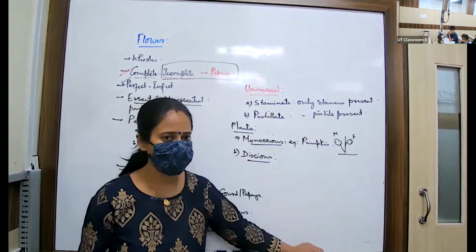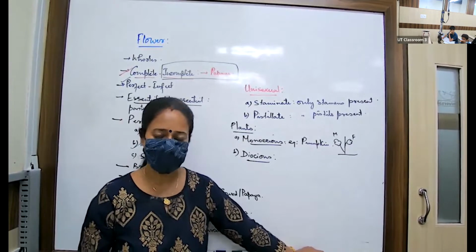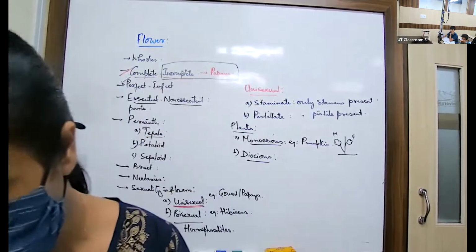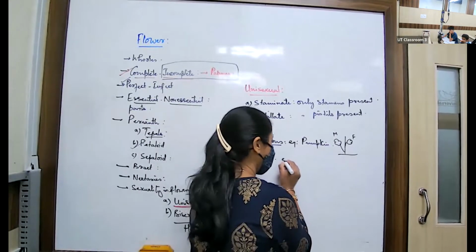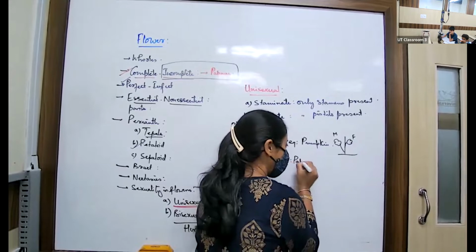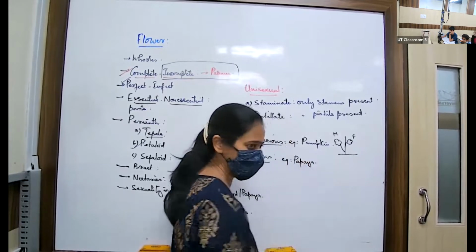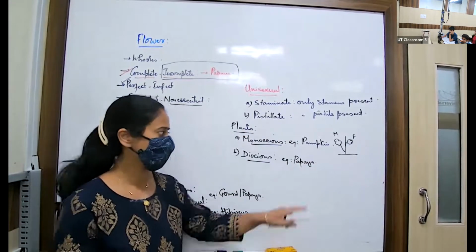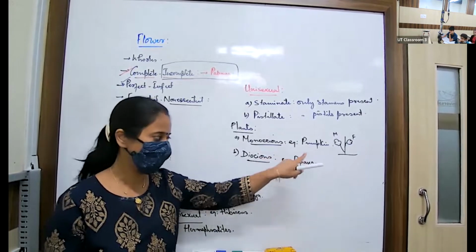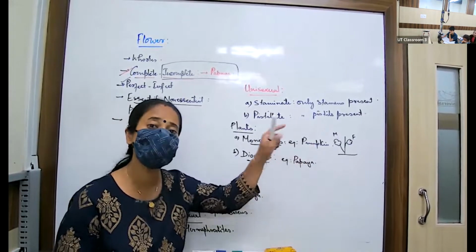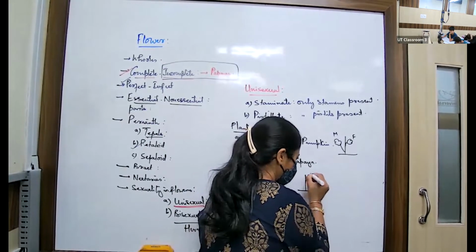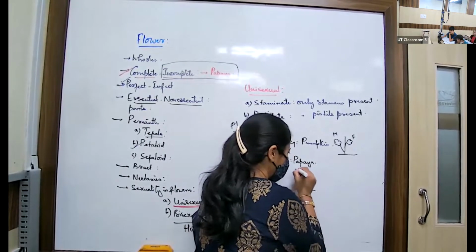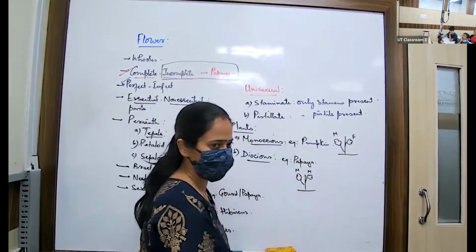Then what is a dioecious plant? In case of a dioecious plant, suppose I talk about examples like, I already told you, papaya is unisexual or bisexual? Unisexual. Pumpkin is also unisexual. But what is the difference between these two unisexual plants? In this case, this is a flower, these are all male flowers.